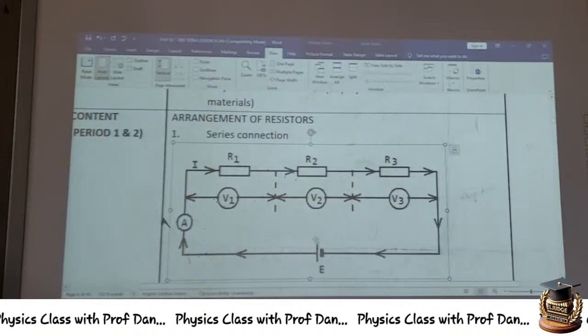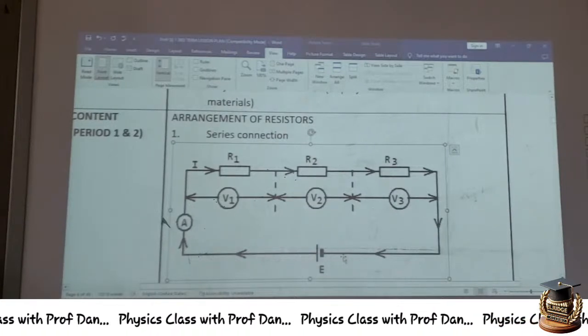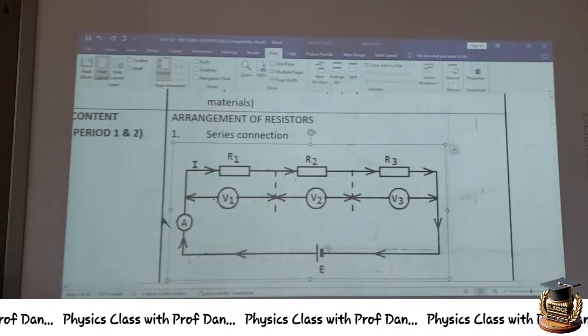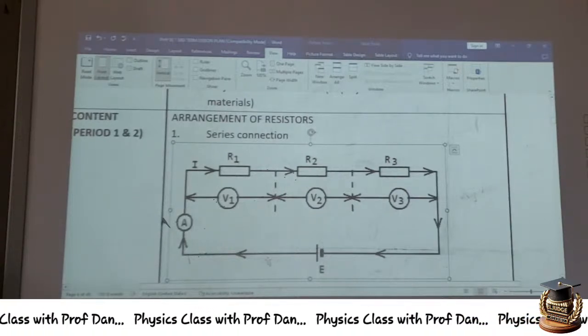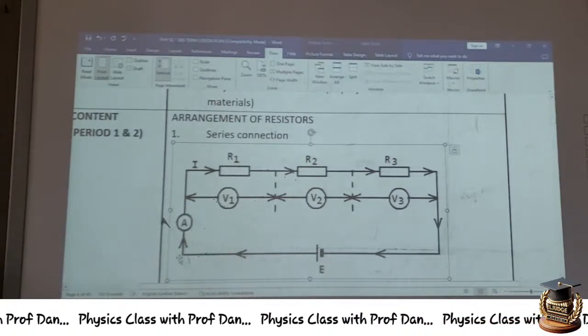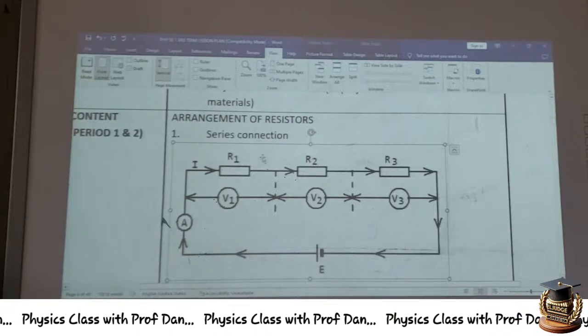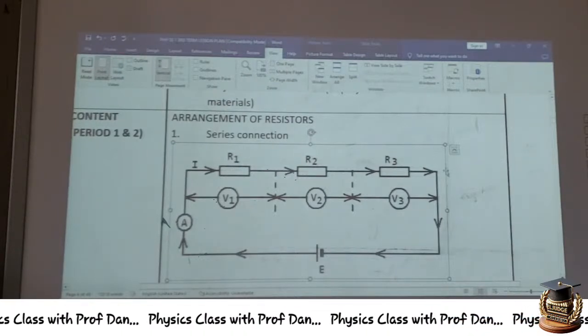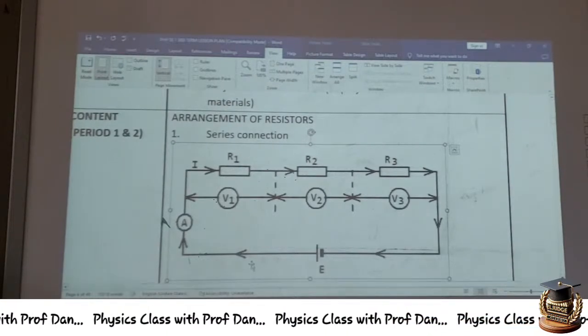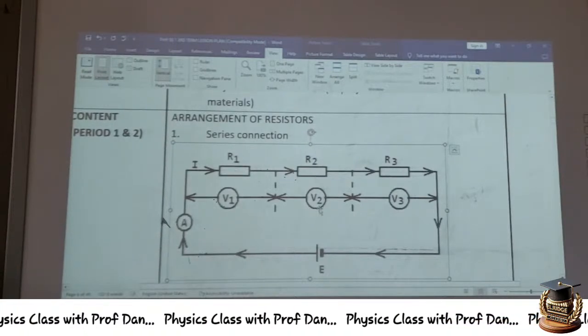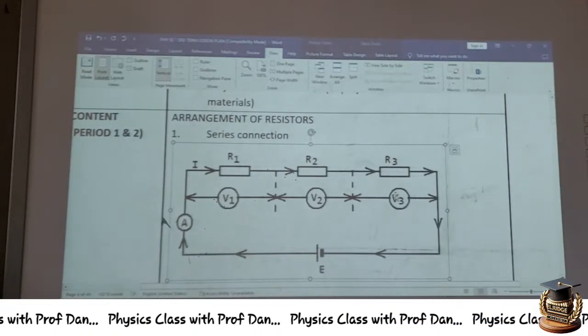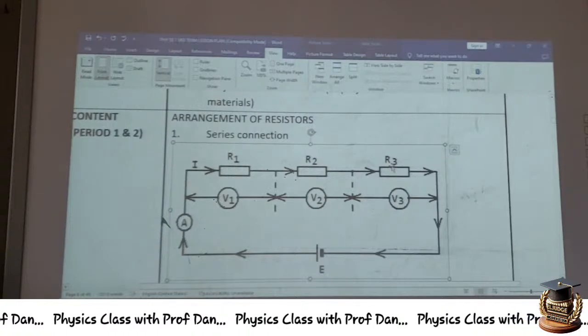The current is from this source of electricity, the cell in this case, because you have just one. It moves this way and is the same current coming back, but we have voltage V1 across resistor 1, V2 across resistor 2, and V3 across resistor 3.